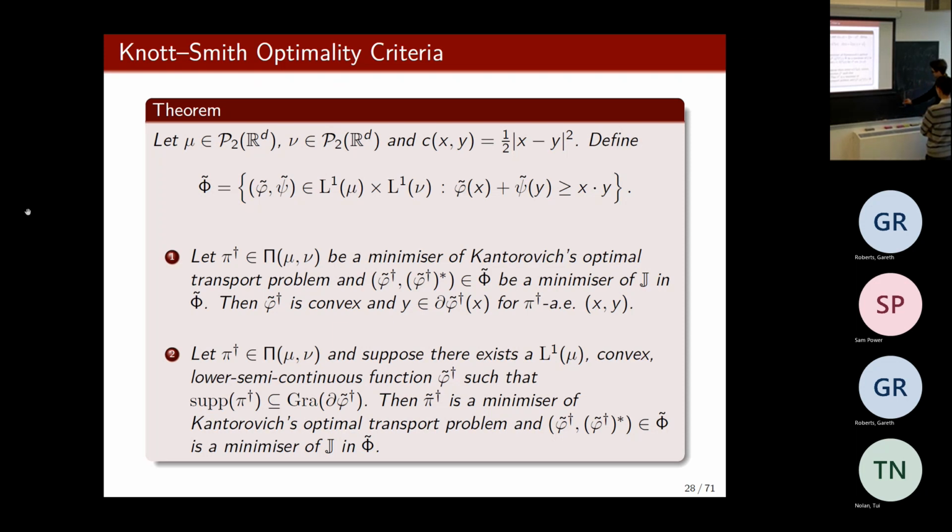So in this case, the claim would be that the support of the optimal pi will be contained in this set here. So it could take multiple values. This would correspond to splitting mass. Oh, I see.